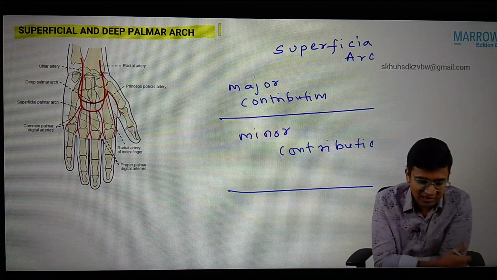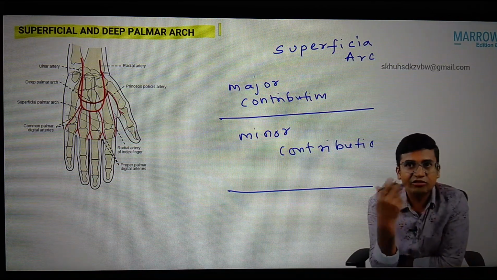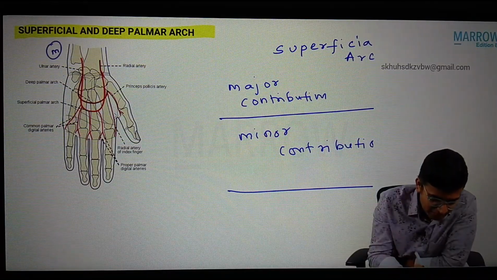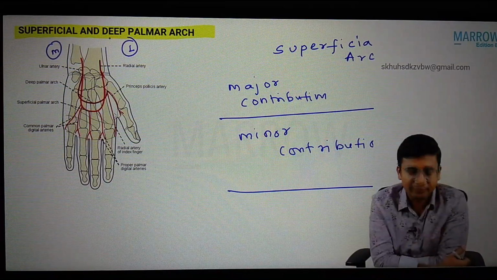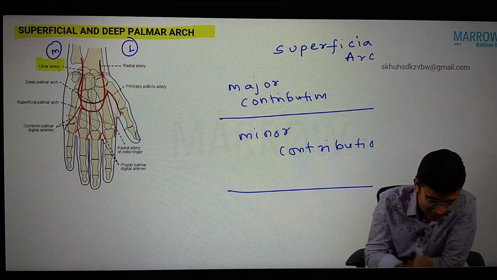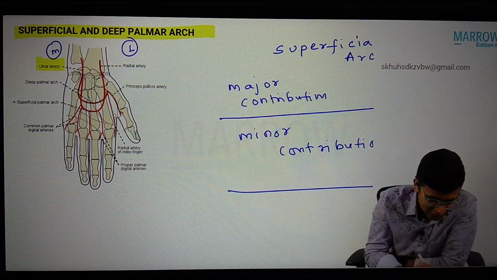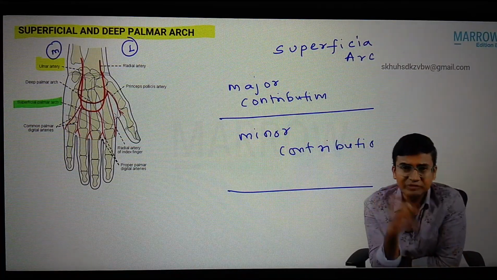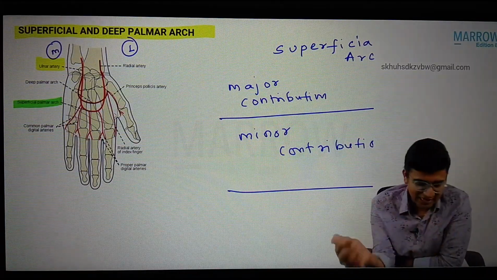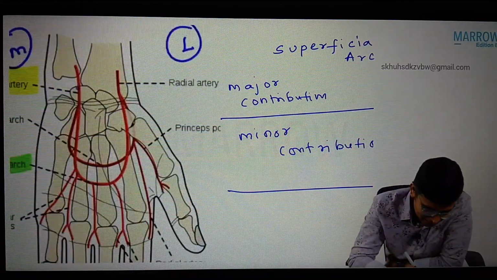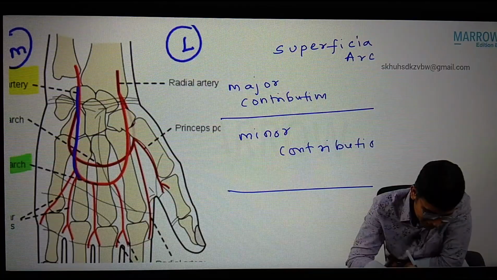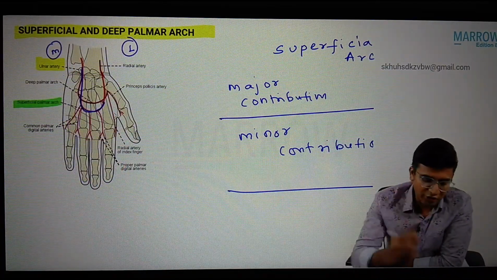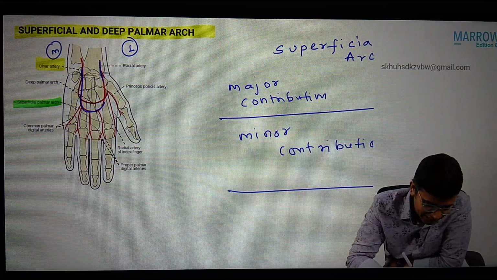Now, the superficial palmar arch is a direct continuation of the ulnar artery. Yes, this is the ulnar artery, medial side, lateral side. So the ulnar artery continues as the superficial palmar arch. Fine. Now, the superficial palmar arch is completed on the other side by one small contribution from the radial artery.